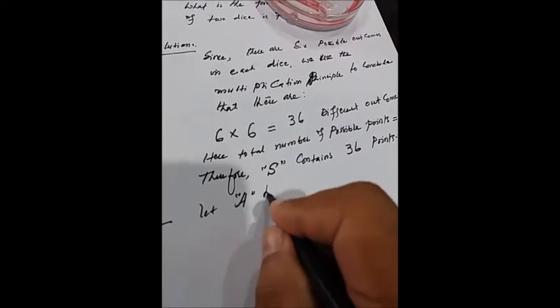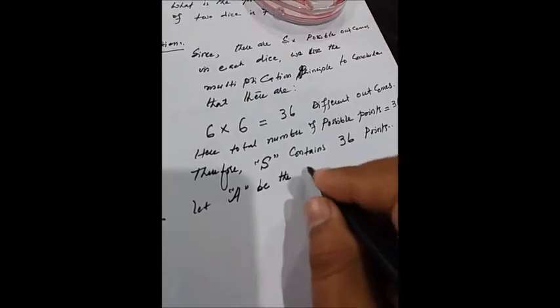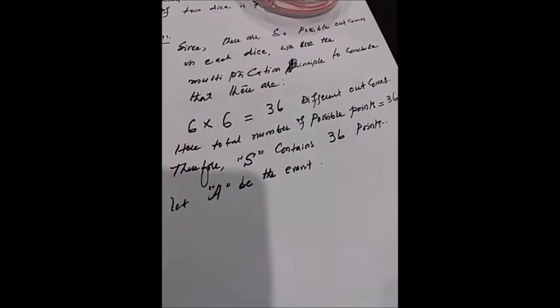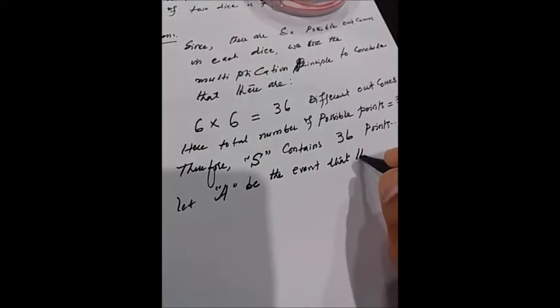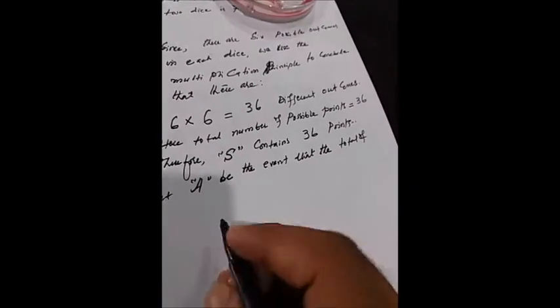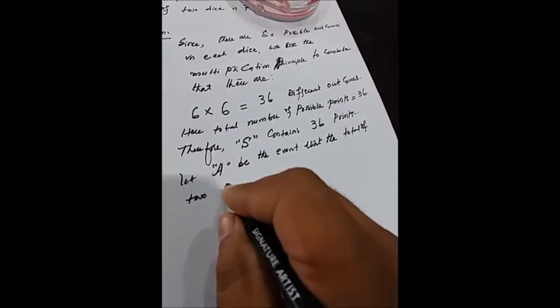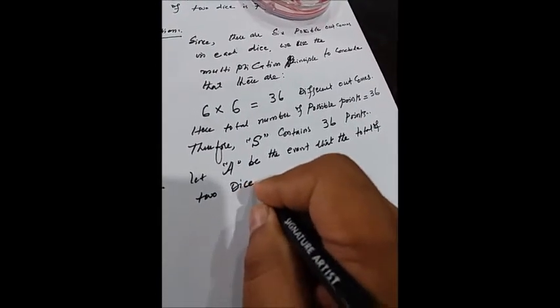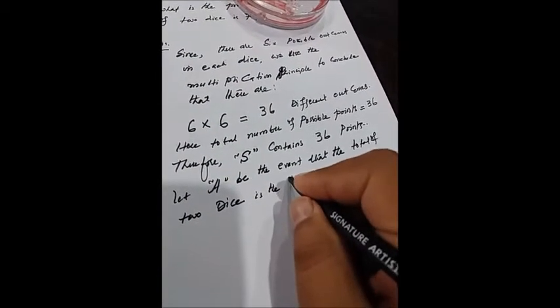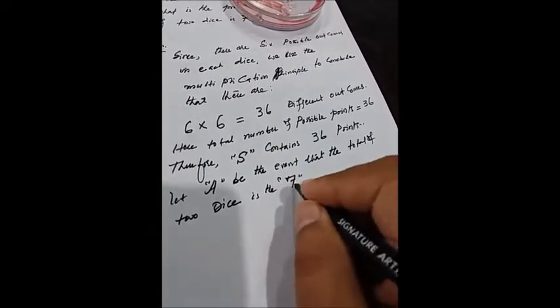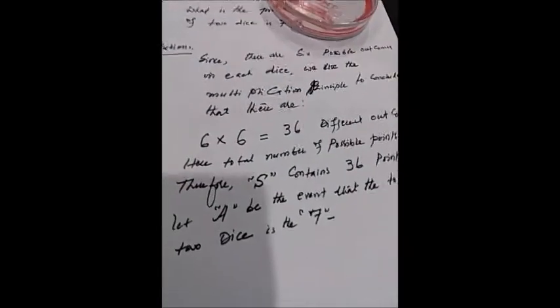Let A be the event that the total of two dice is 7.